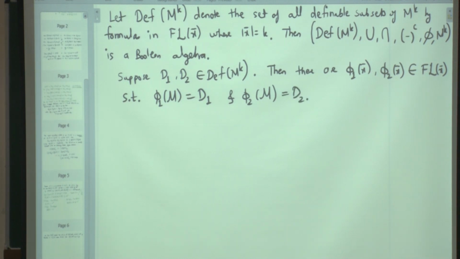Then what is the formula which defines D1 union D2? D1 union D2 is definable by phi 1 disjunction phi 2.